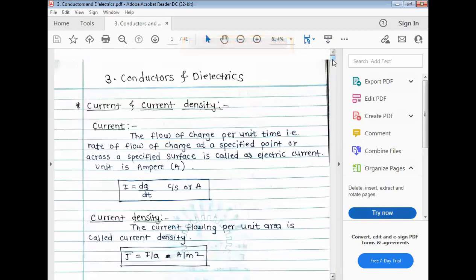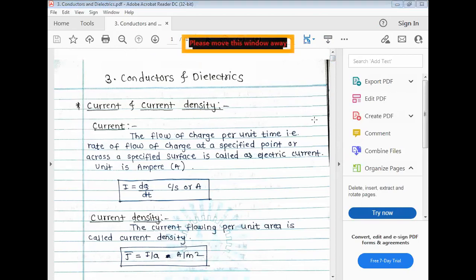So our third chapter, the first section, is over now. So if there is any doubt, you can ask me. Any doubt is there? Is there any doubt, Preeti?